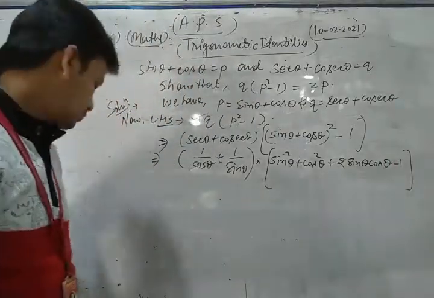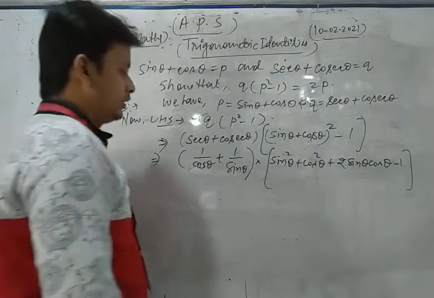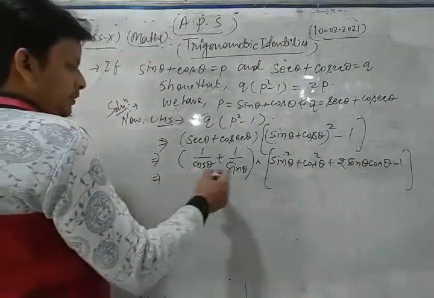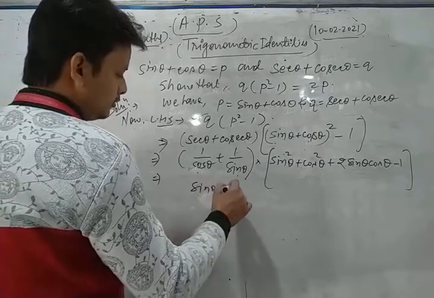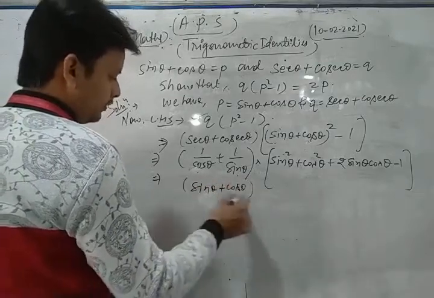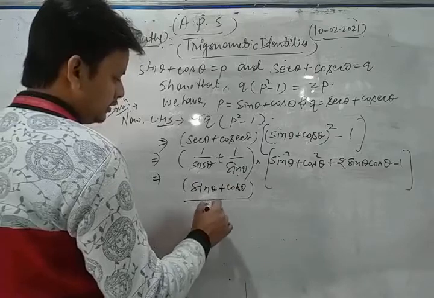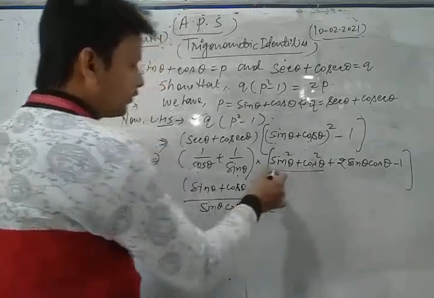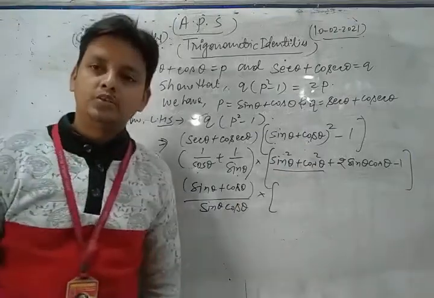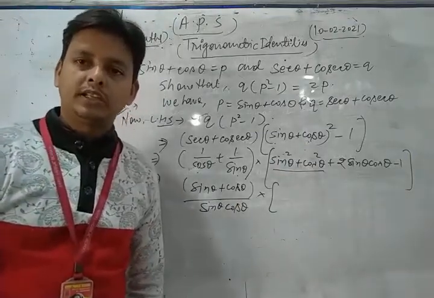Okay dear friends, now here we take the LCM of sin theta cos theta. So we get sin theta plus cos theta upon sin theta into cos theta, into, we know the identity sin square theta plus cos square theta is equal to 1.